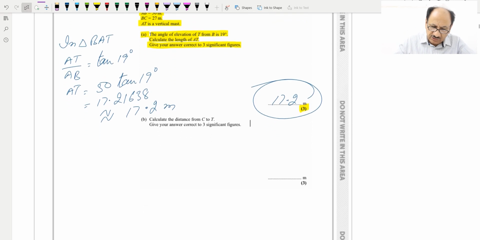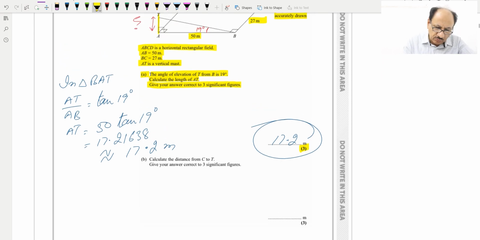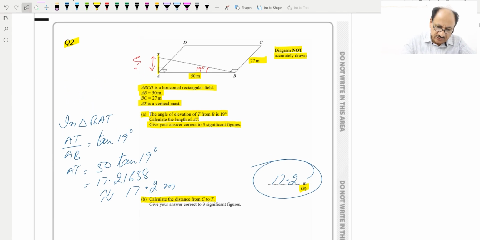Now the B part, which is also 3 marks, they are saying calculate the distance from C to T. Which distance is from C to T? We have to draw the line from C to T on the top of the mast, which will be this one, so we can understand we need this distance.